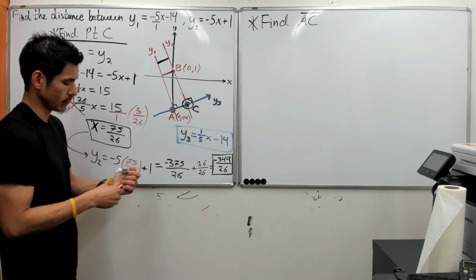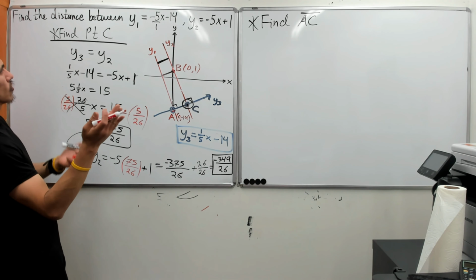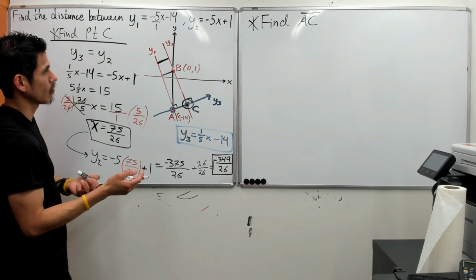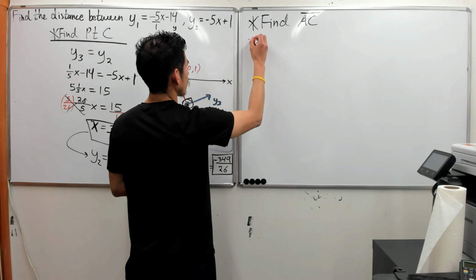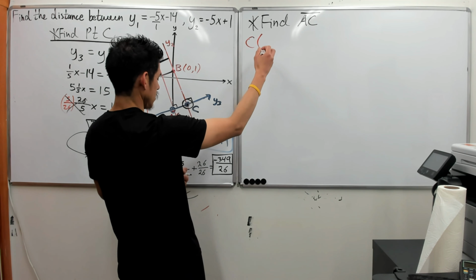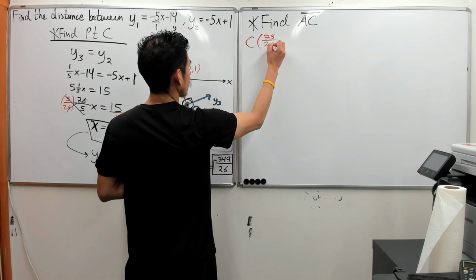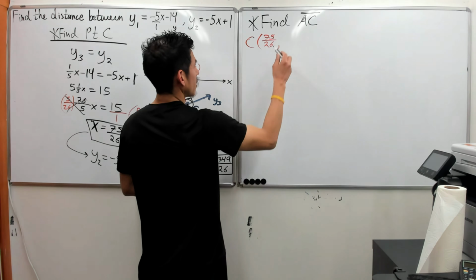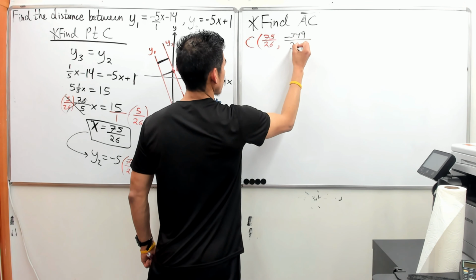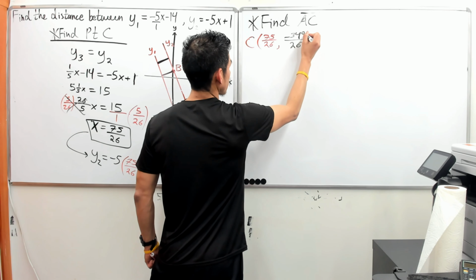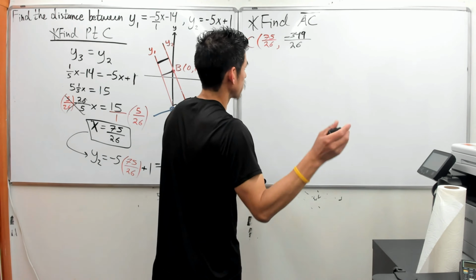So C is at 75 over 26, comma, -349 over 26. I don't know why I switched the color, but whatever. Actually, I'm going to switch back to red.